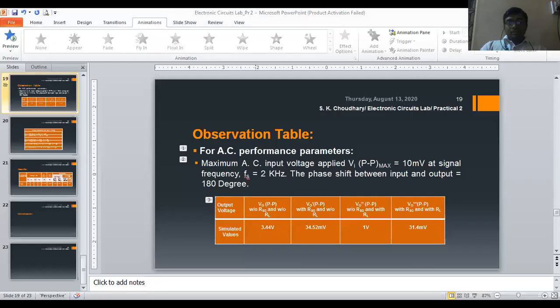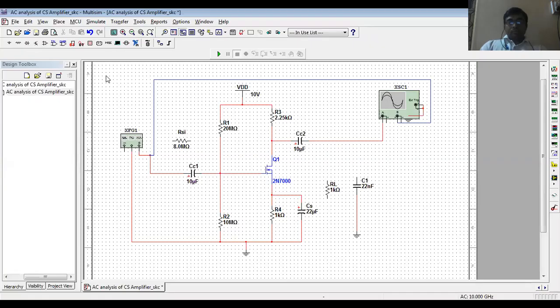If you are going to see the simulation, we are going to share Multisim here. For the sake of simplicity, I have already drawn the circuit diagram to save our time.